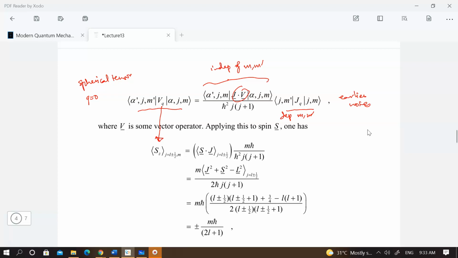This part corresponds to that, and this part is the one that we have evaluated earlier. Sorry, no. This part is evaluating your JZ between JM and JM dash, and this you know how to... no, it's not SZ, sorry, this is JZ.